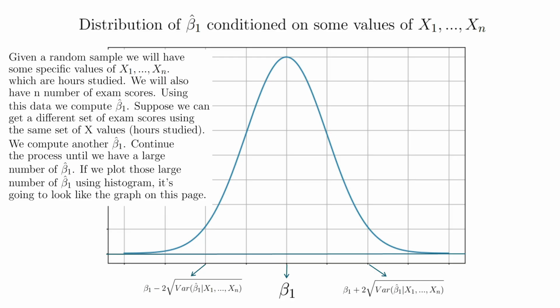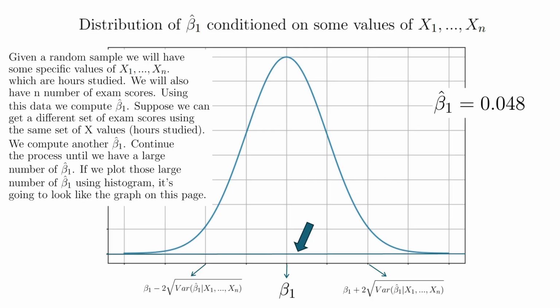Okay, then let's take our sample as an example. Using the 30 data points, we calculated beta 1 hat to be 0.048. So if the graph here represents the distribution of beta 1 hat conditioned on the 30 x values from our sample, then 0.048 definitely belongs in this distribution somewhere. The problem is, we don't know where 0.048 lies in this graph.